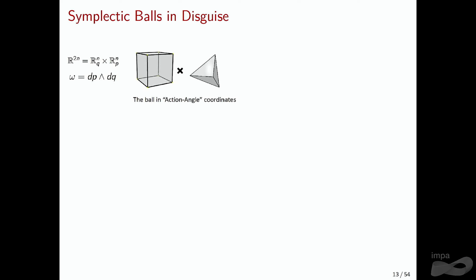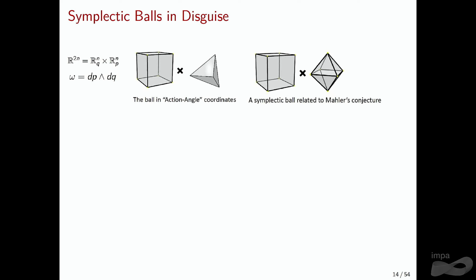A somewhat related example is the cube times the cross polytope, the convex dual of the cube, or if you wish, the unit ball of the L1 norm. This configuration is also known, by a slightly different method, to be a symplectic ball.